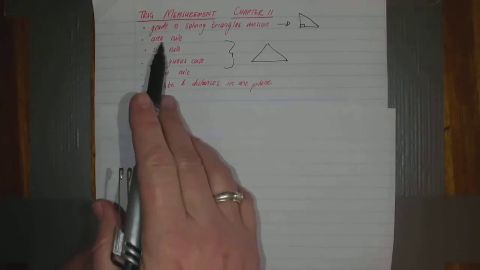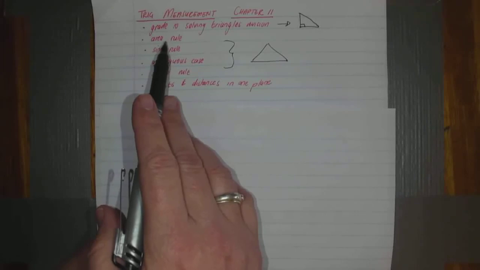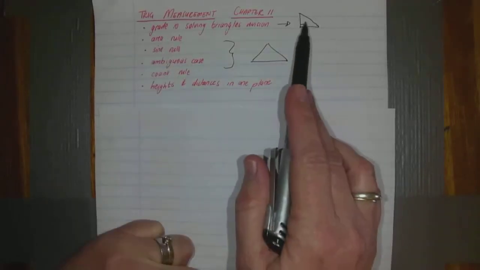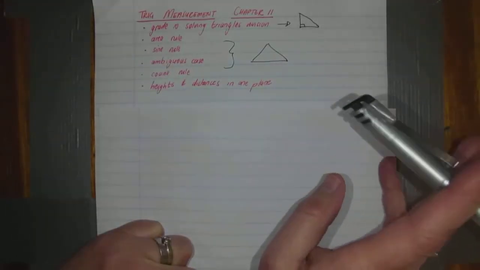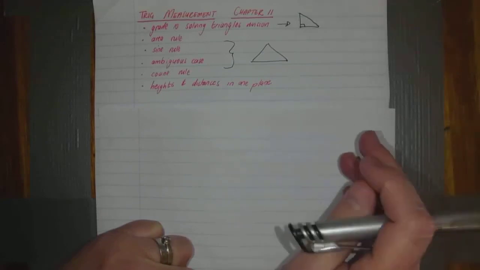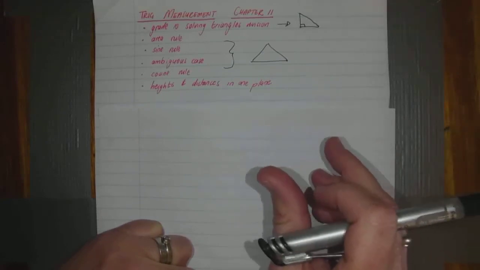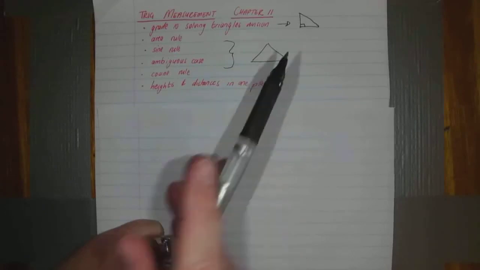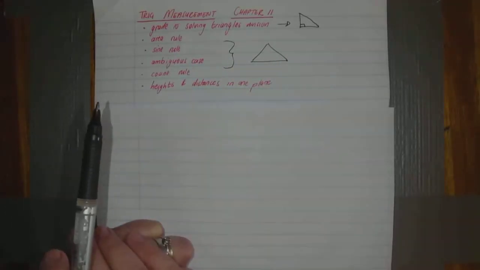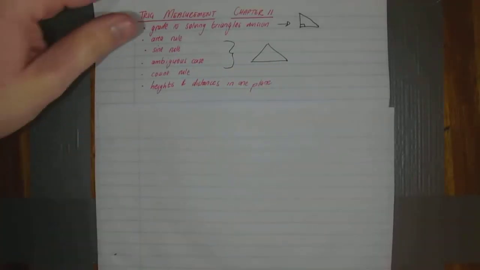The area rule, I'm going to refresh your memory that the area of a right-angled triangle is half base times perpendicular height, but I'm also going to show you how I can determine the area of a triangle that is not a right-angled triangle. Okay, so that's just an introduction to what you're going to do during this chapter.